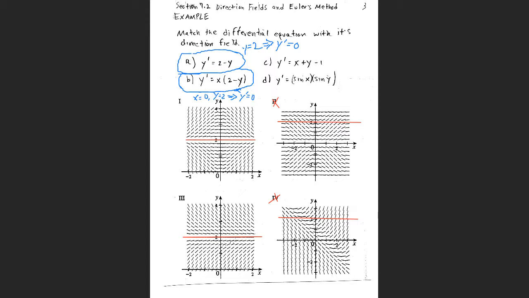Now that means that for choice B, it's going to be either choice 1 or 3. Which choice would it have to be? What do you think? Tina and Michael think 1. Does anybody think choice 3? Rodrigo thinks 1.